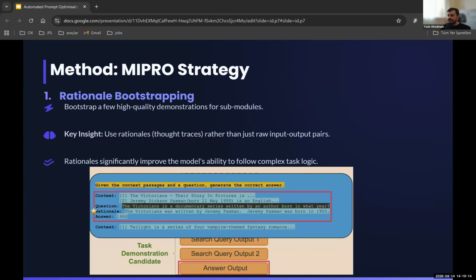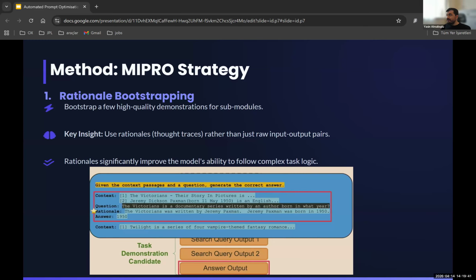There is one method which is called MIPRO. There are a couple of steps here that I'm going to share and connect to the overview that I shared previously. The key part in the first step is the rationale versus raw data.